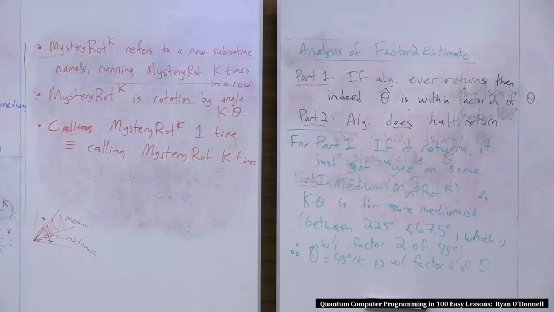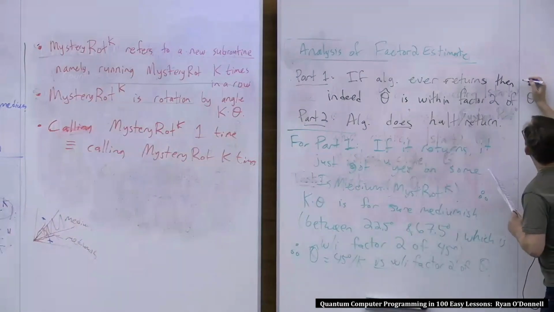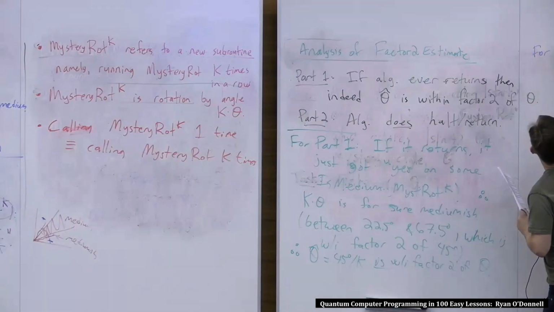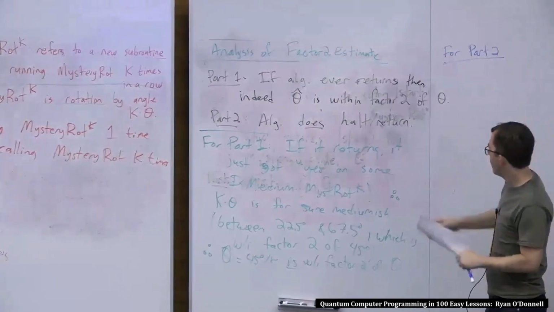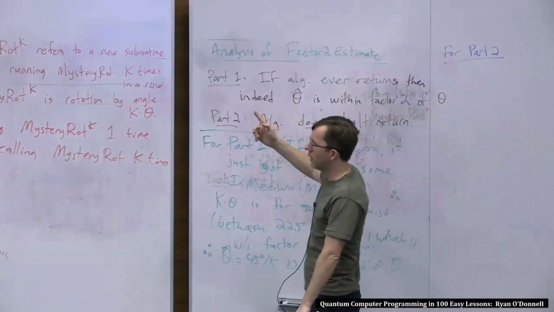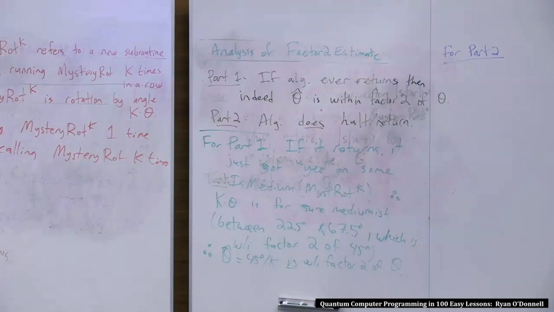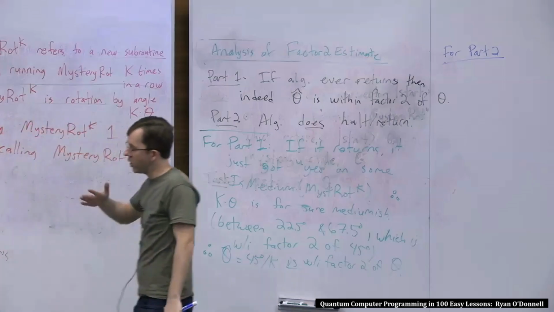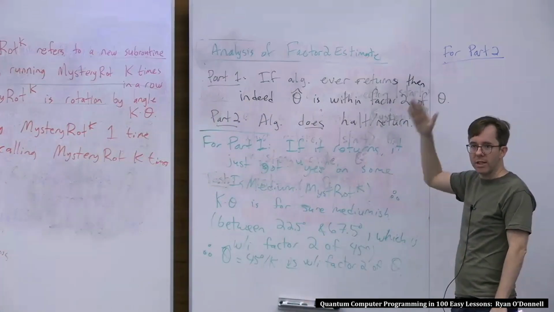Let's do part 2 over here. Hopefully you can see. Part 2: why does it eventually return? Well, it keeps testing. Theta initially starts out less than 30 degrees. That was our assumption. Then we keep doubling it and checking if it's between 30 and 60 degrees, and there's exactly factor 2 between 30 and 60 degrees.